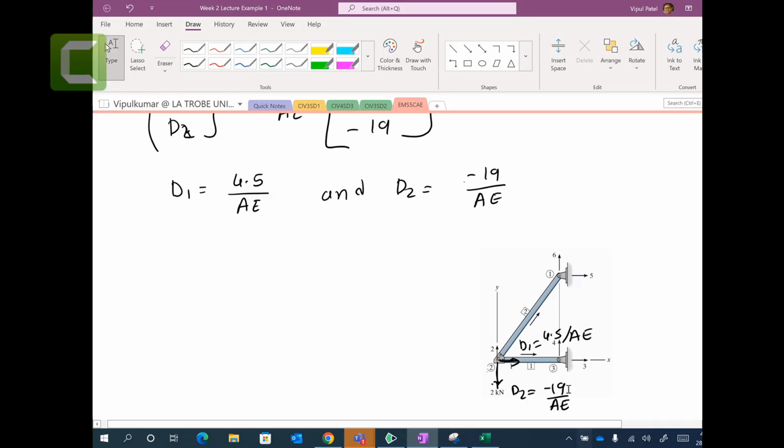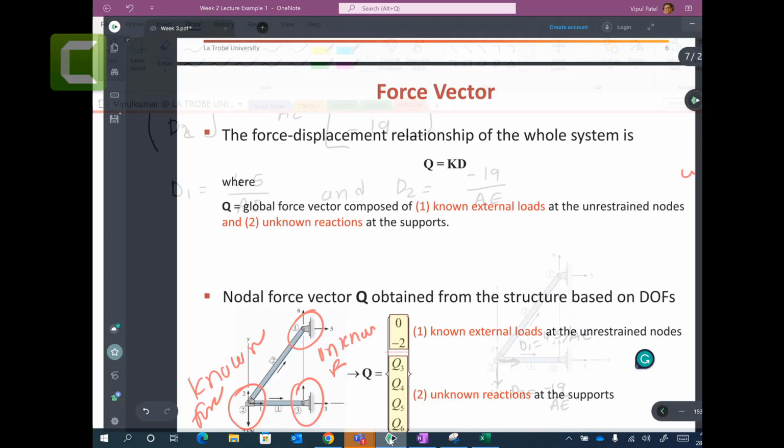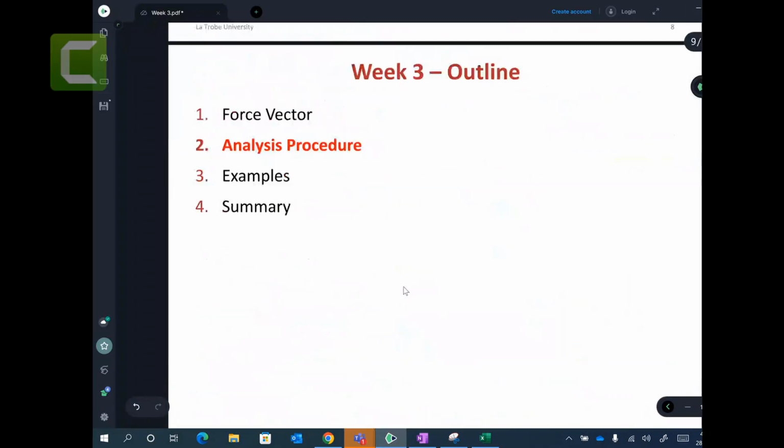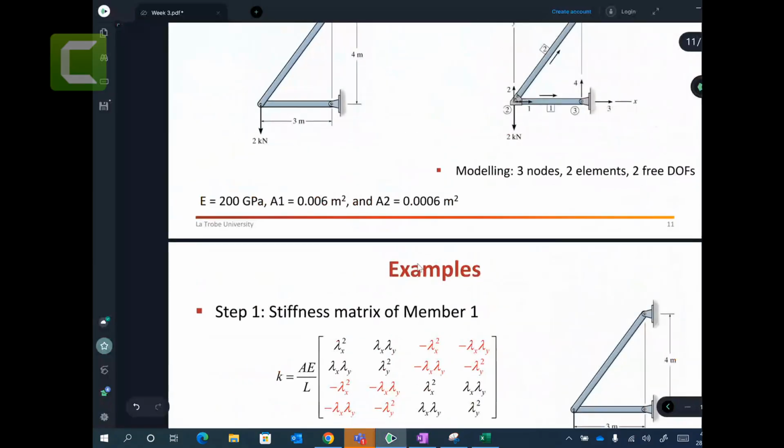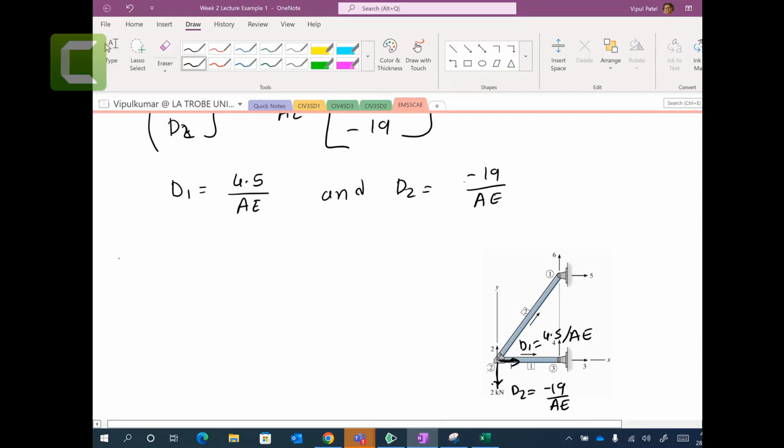Now, if we know the area, let me check if we have area. Oh, here you go. Let's use the same area for both. They have the same area. I will correct it, 0.006 meters square. Let's say both have the same area, and the Young modulus is 200 gigapascals.